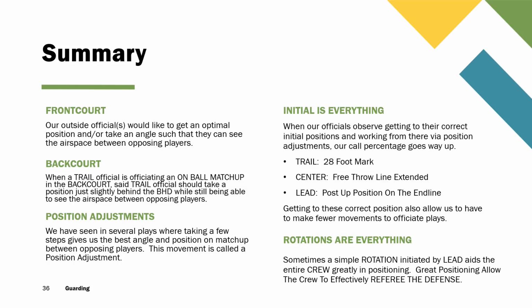Once they get to that initial position, then they can make position adjustments as needed in order to effectively referee the defense, and being in the right position initially and making small position adjustments allows us to work smarter, not harder. A great aid in being able to referee the defense and make accurate rulings and decisions are good, timely, and purposeful rotations by our lead official.